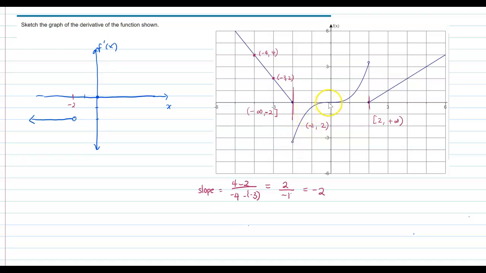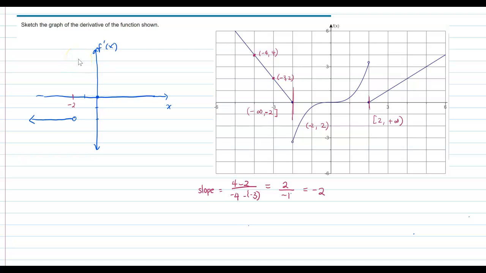That means the slope is positive. So between negative 2 and 0, the slope is positive. That means we expect the graph of f prime of x to be above the x-axis. We know that the slope is positive and it is approaching 0. So it will approach here.